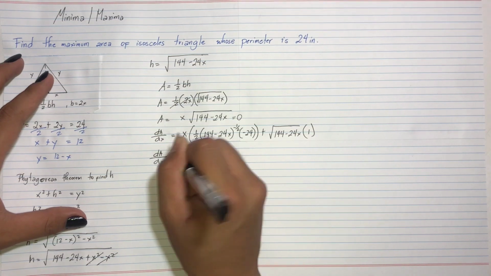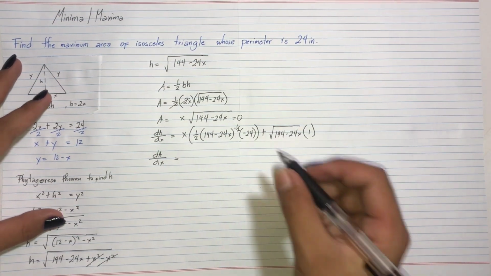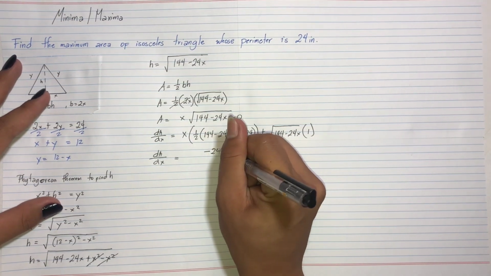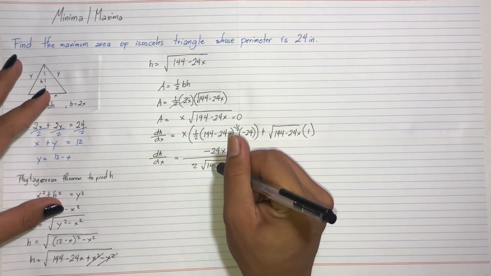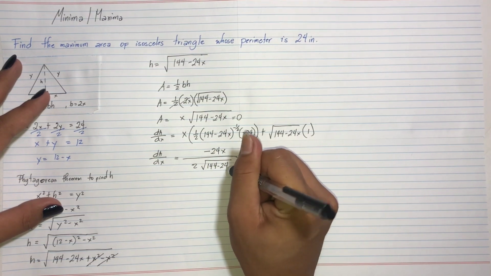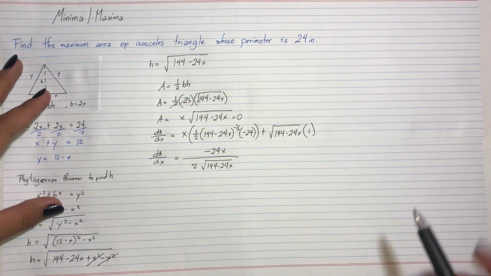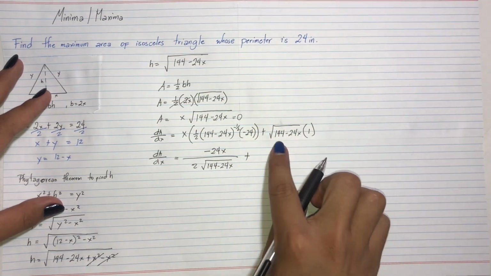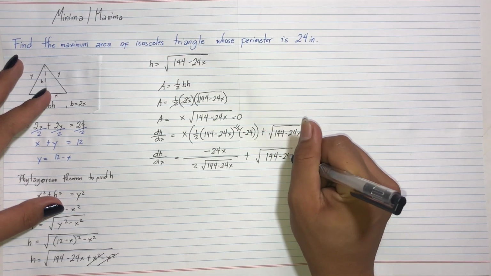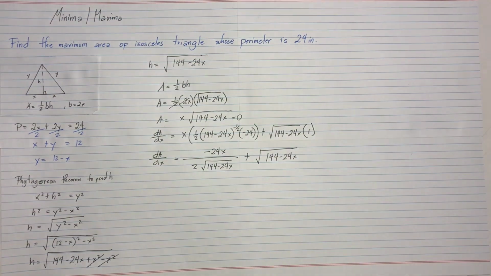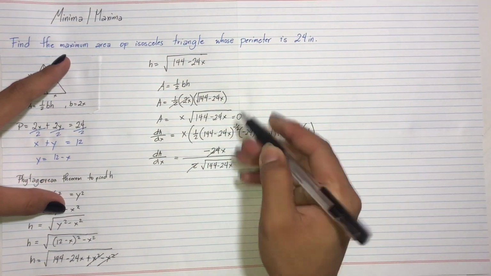Simplifying now, that gives us negative 24x over 2 square root of 144 minus 24x, plus the square root of 144 minus 24x. Negative 24 divided by 2 gives us negative 12.